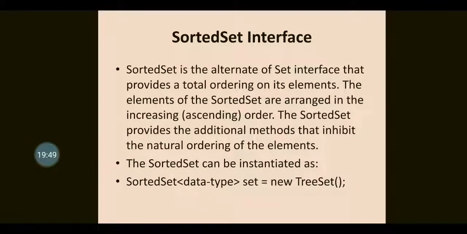The next concept is the SortedSet interface. It is an alternate of the Set interface. It provides ordering of the elements. As the name itself suggests, SortedSet means that we can sort the elements of the set. The elements are arranged in ascending order.